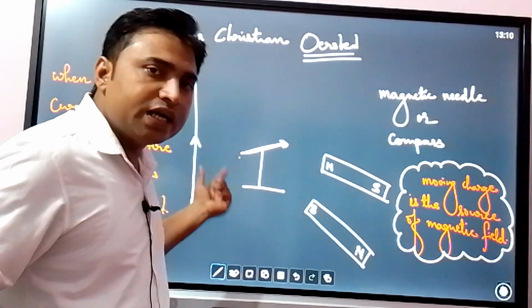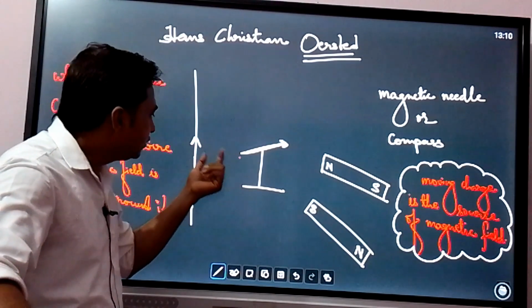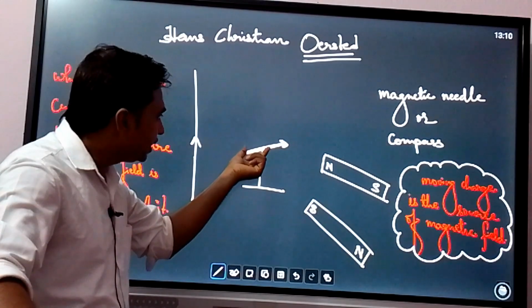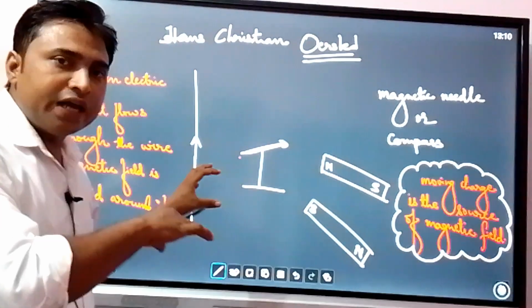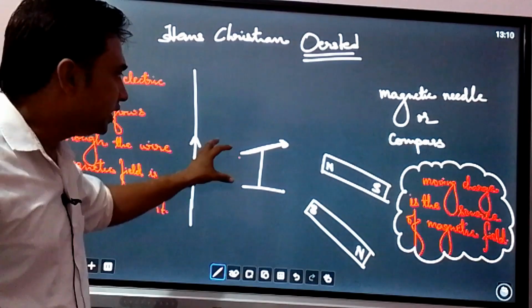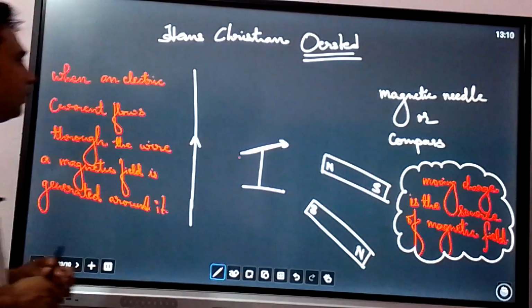It means this current is producing a magnetic field nearby, and due to that magnetic field, this magnetic needle gets deflected. So this was an accidental discovery which Oersted made.